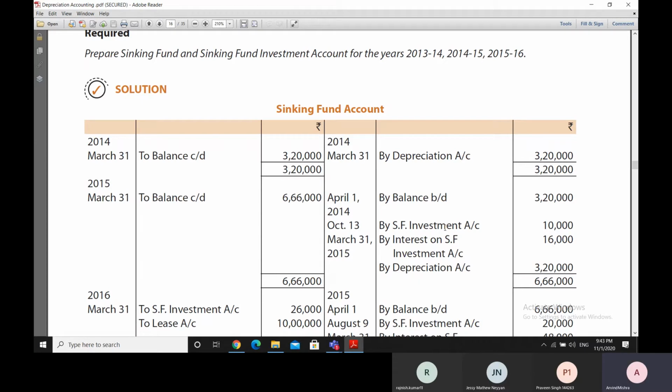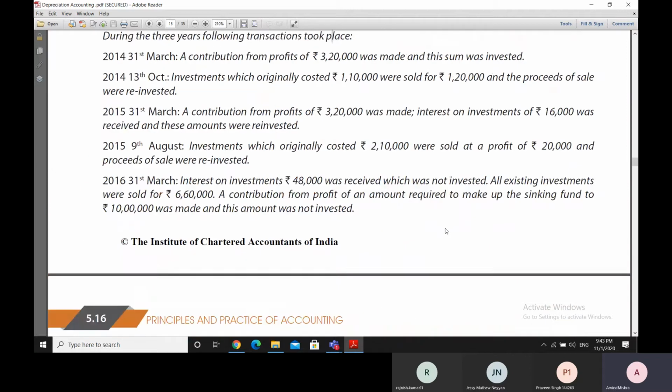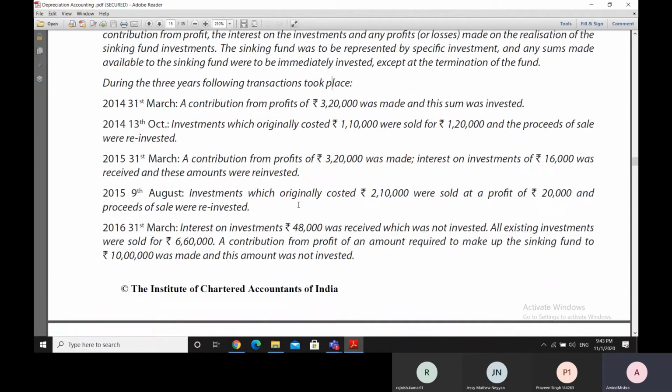As we have seen on 13th October, we sold investments worth 1,10,000 rupees for 1,20,000 rupees, so we are making a profit of 10,000 rupees here.